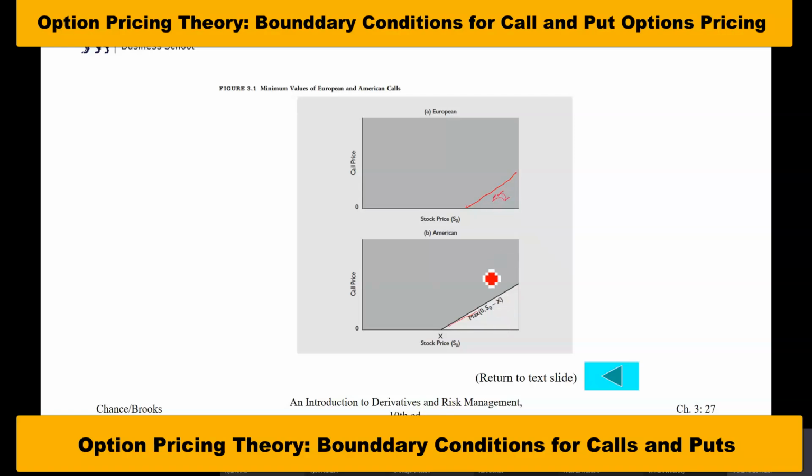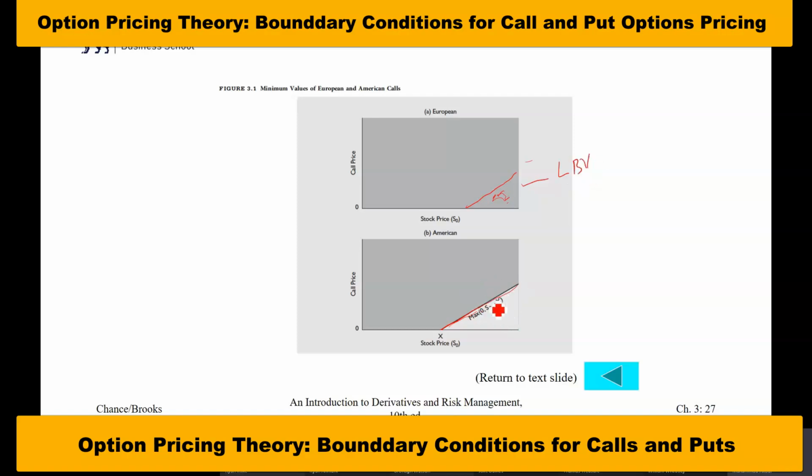For the American call, the price cannot be below this level. That is our conclusion. So it is possible for a European call to have its value less than the intrinsic value, because it doesn't have any intrinsic value. However, later on, we will see that it has a lower bound value.